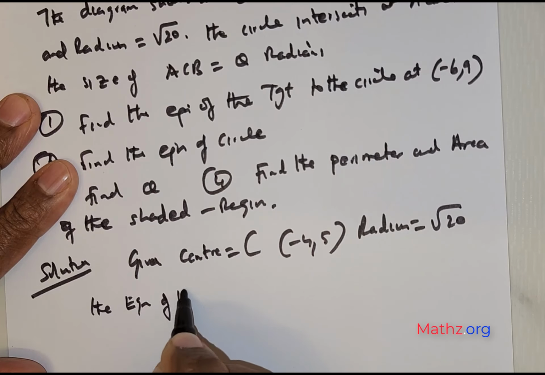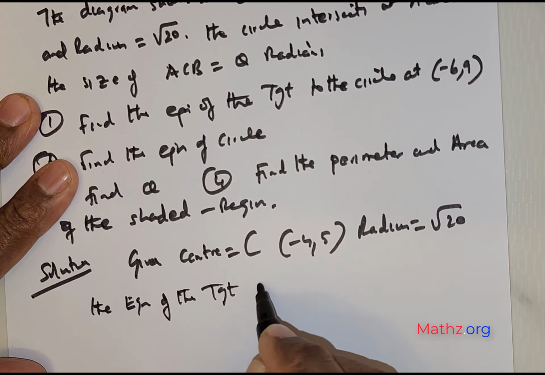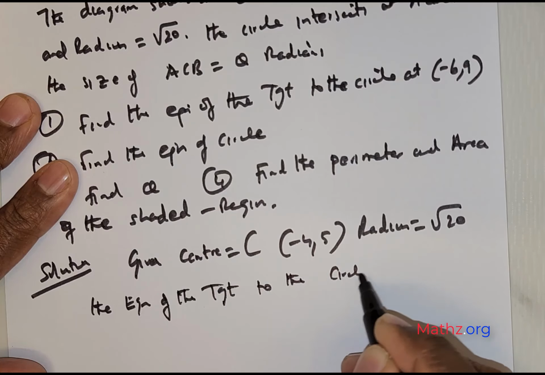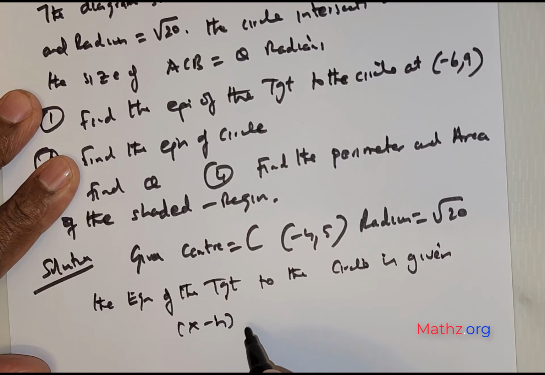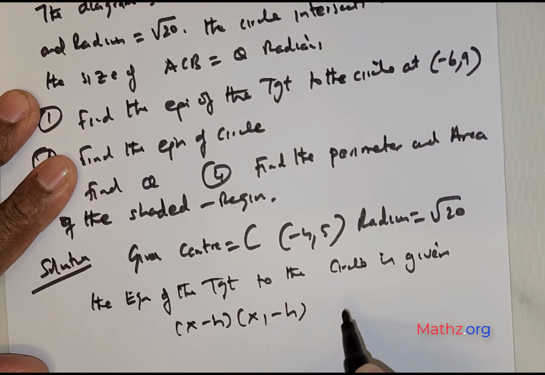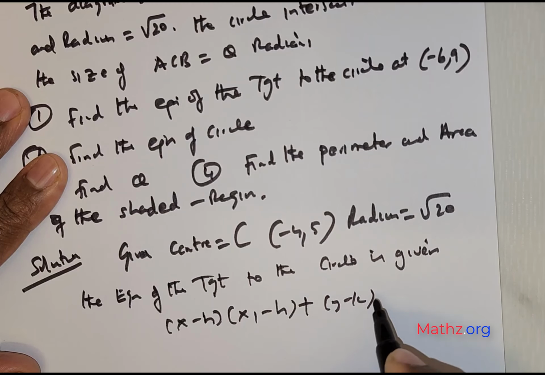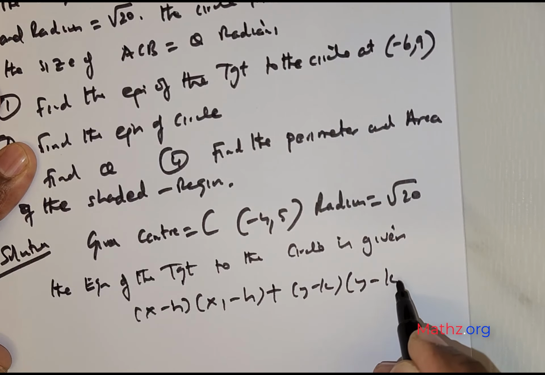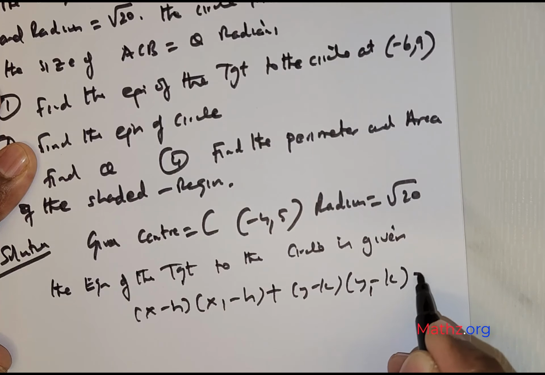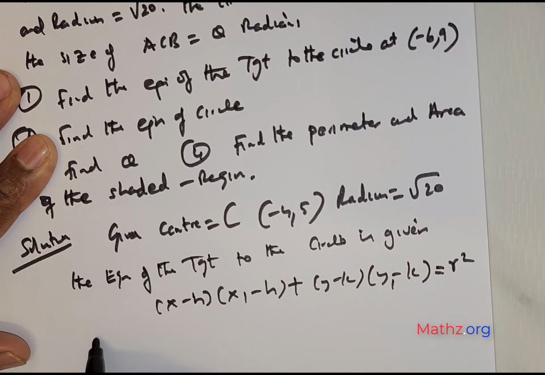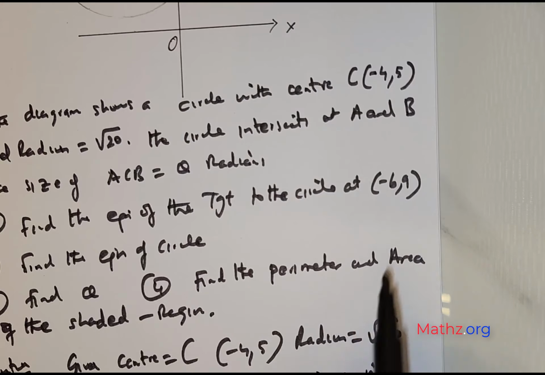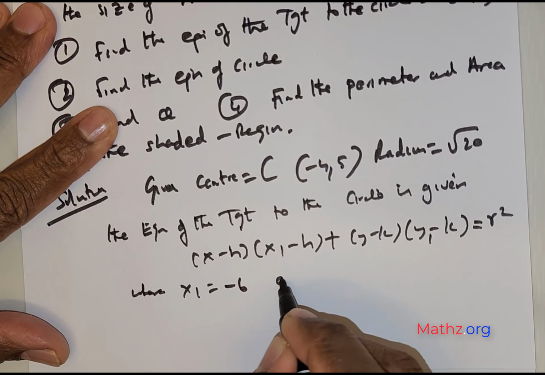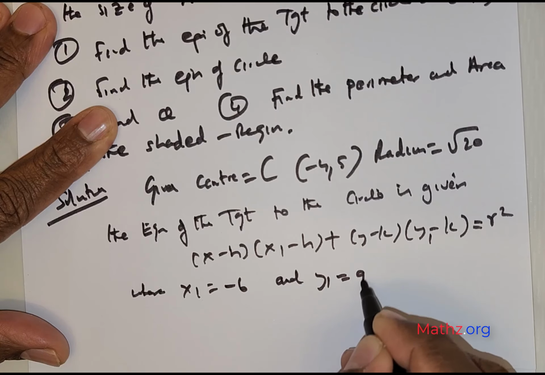The equation of the tangent to the circle is given by, we got a formula. What is the formula? (x - h)(x1 - h) + (y - k)(y1 - k) = r squared, where x1 is the point of contact, -6, and y1 is equal to 9.